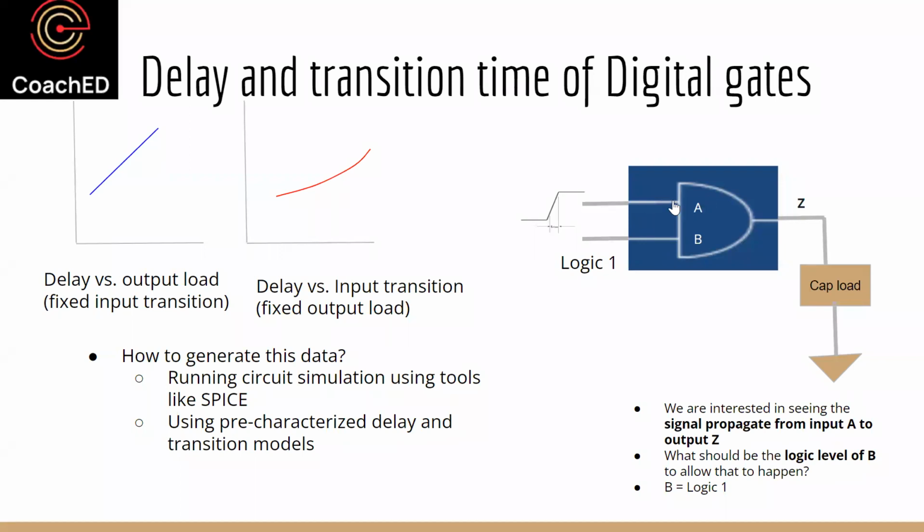A to Z is what's called a timing arc. It's a timing arc because we are trying to see what is the effect of A on Z. So relating an input pin to an output pin is called an arc in STA terminology.